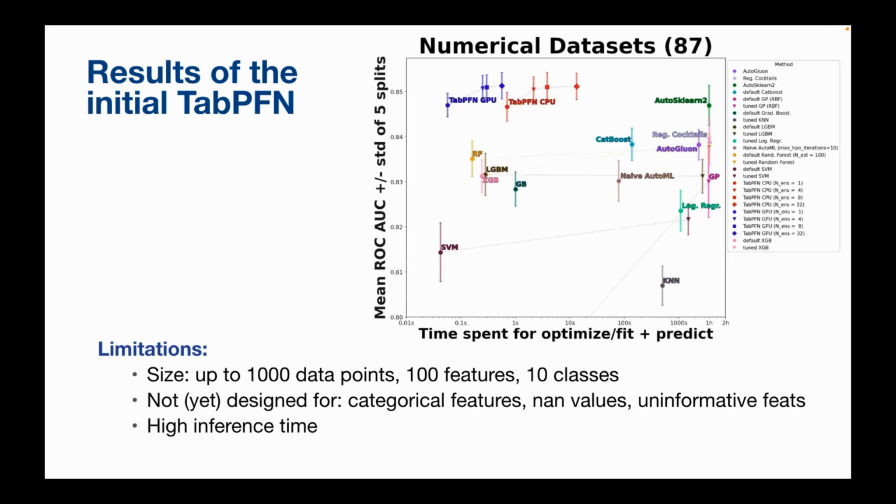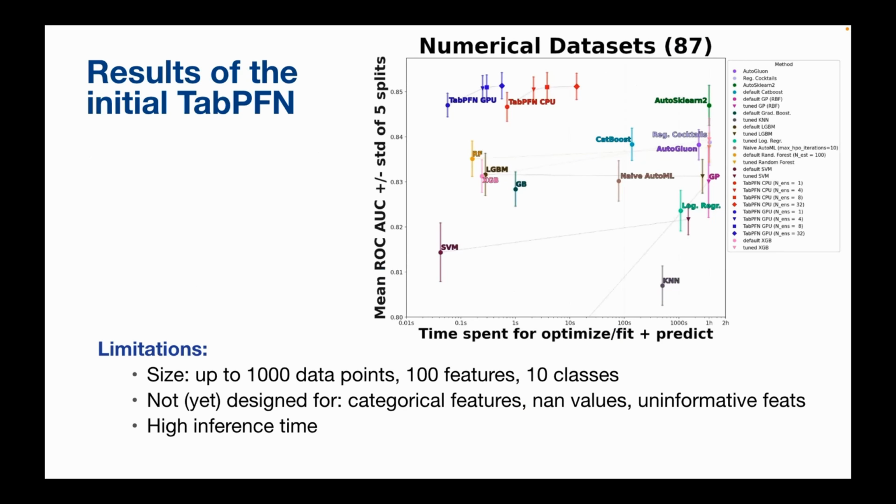And what we can see is that even our initial version, which we released last year, could outperform many methods, but only on numerical data sets and only on small data sets. So in a very restricted setting. If we go out of the setting, we're destroyed by AutoML, let's be honest.